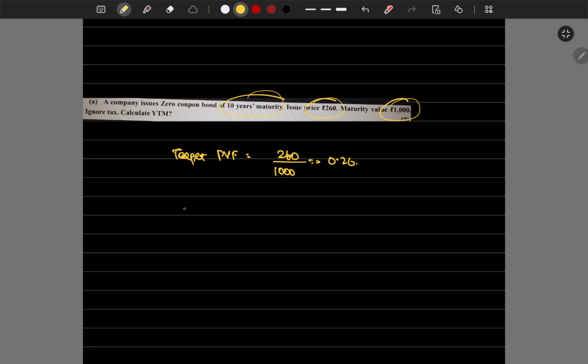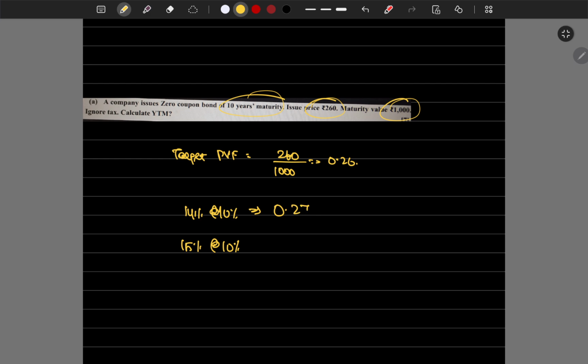Now we'll use two rates like 14% and 15% at 10 years. We'll check whether it falls on this or between this. 1 divided by 1.14 to the power 10 is 0.2697.